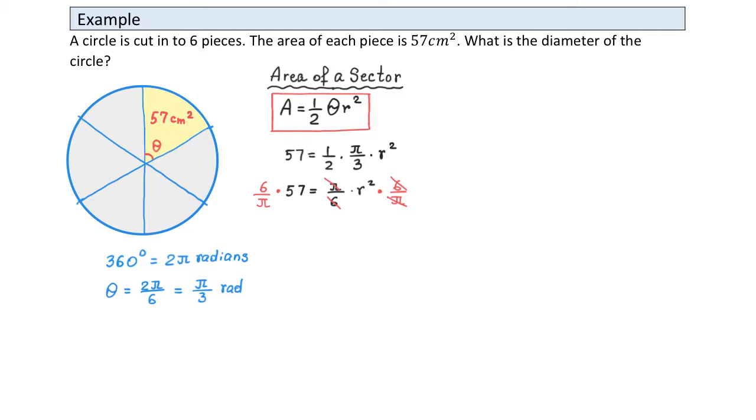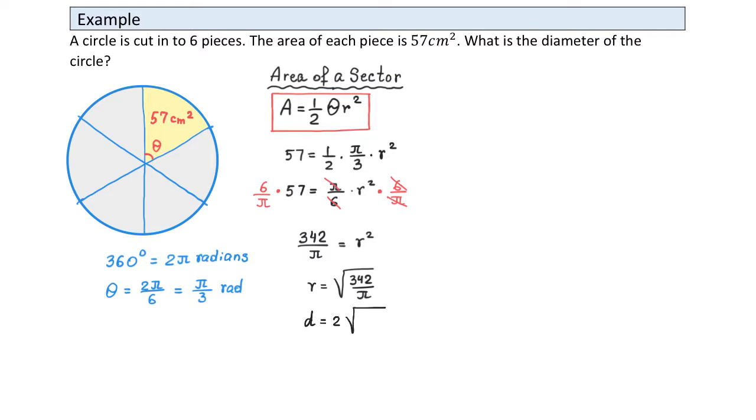On the left side, 6 times 57 is 342 over pi, and on the right side we have r squared. To find r, we will take the square root of 342 over pi. But to find the diameter, we will multiply this quantity by 2.